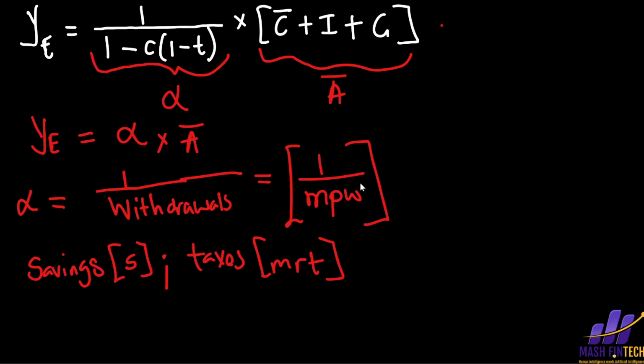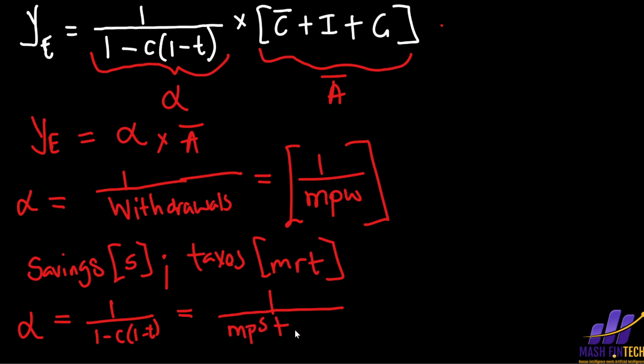So we add these two to get the multiplier. We said our multiplier is 1 over 1 minus c, 1 minus t. But I am putting it to you that you can simply get the multiplier by taking 1 divided by the marginal propensity to save plus the marginal rate of taxation.